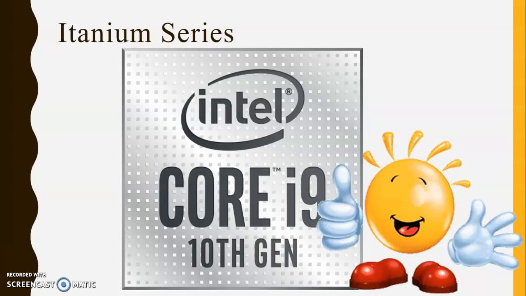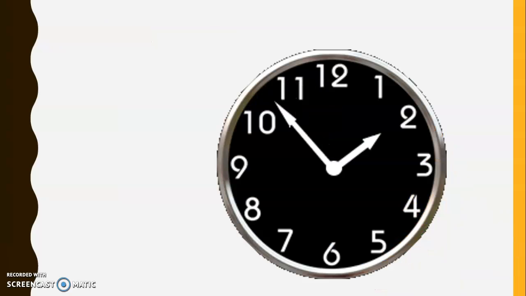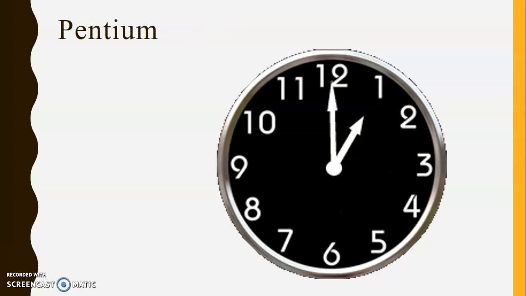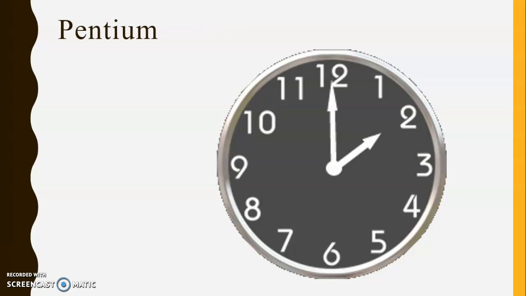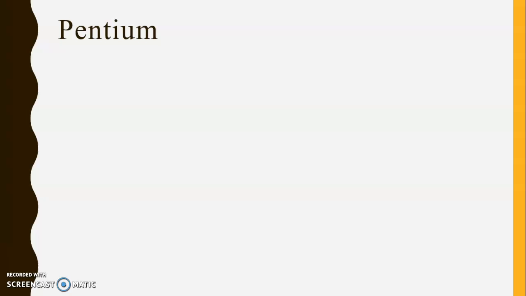You guys might have heard about i11 as well. So, technology is progressing. But, where were we? Let's go back. We were talking about Pentium. So let's study Pentium in detail.